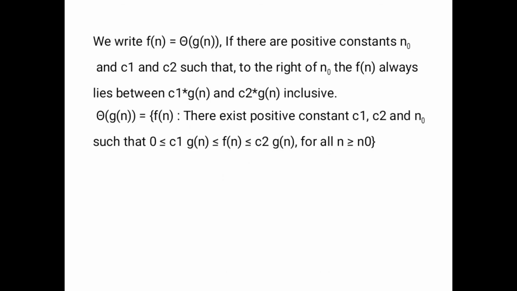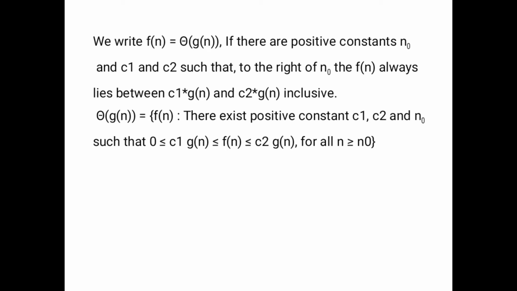Then to define the mathematical function, that means f of n, we can write f of n equal theta of g of n. So how can we write the theta notation? Normally f of n is a function name, so we can write f of n equal theta of g of n. So that is the function name representation.